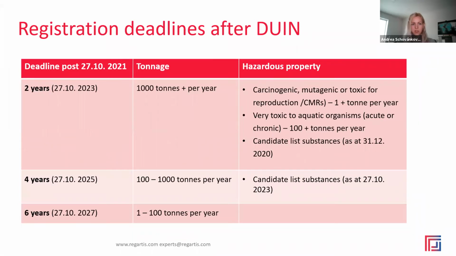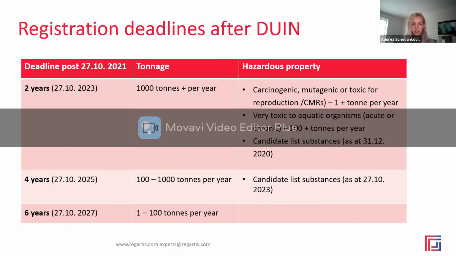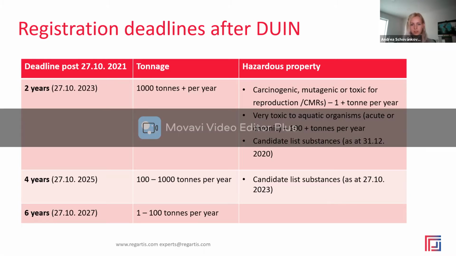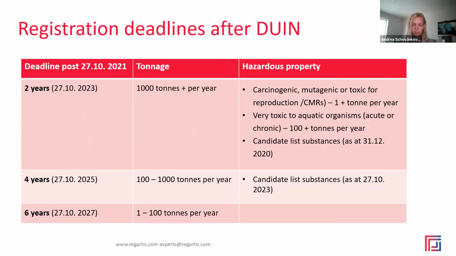So basically, when you have the highest tonnage band, or your substance is hazardous, carcinogenic, mutagenic, or toxic for reproduction within the lowest tonnage band, or it is very toxic to aquatic organisms, acute or chronic, with 100 plus tons per year, or if it's on the candidate list of substances as it was by the end of 2020, you have only 2 years to do the full registration to fulfill the requirements according to your tonnage band.